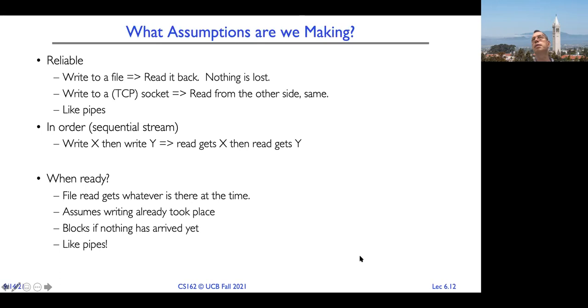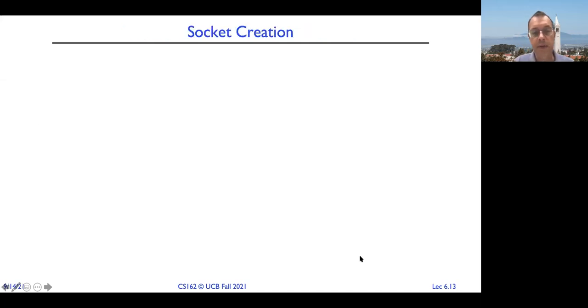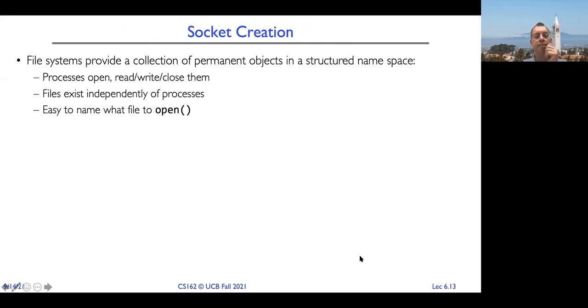So if you get 100 bytes every time, you need to read 10 times to get the entire content, right? If nothing has arrived on the connection, you are blocking like we discussed, and so the semantic is pretty much like pipes, but now it's over the network instead of a single node.